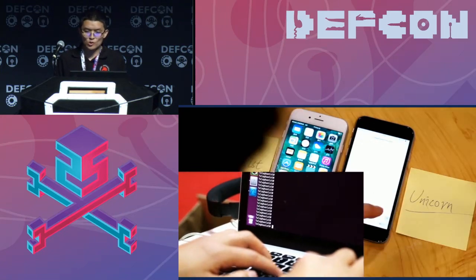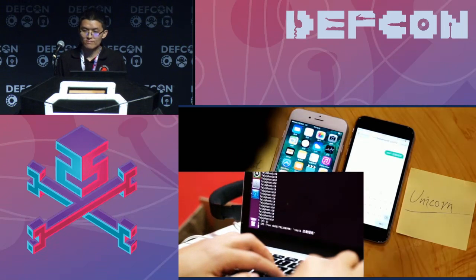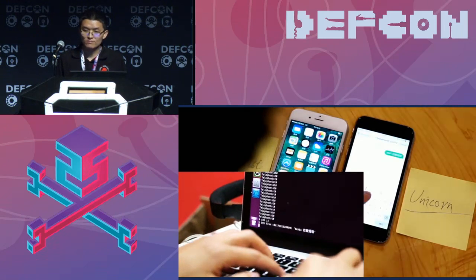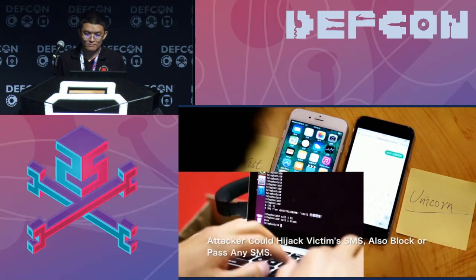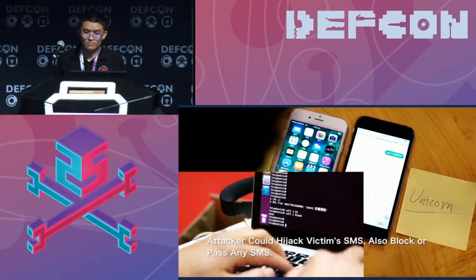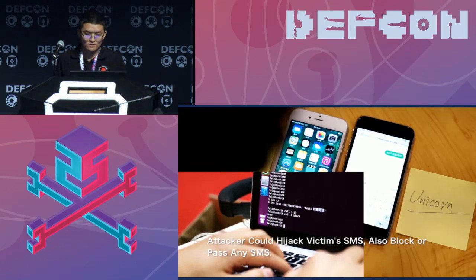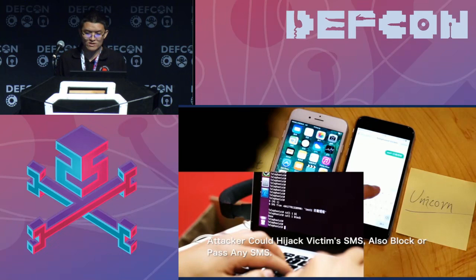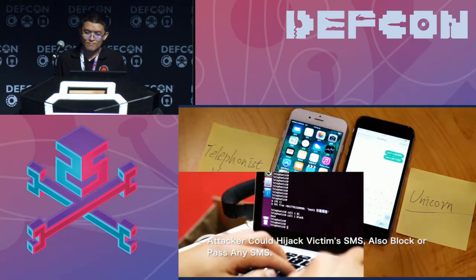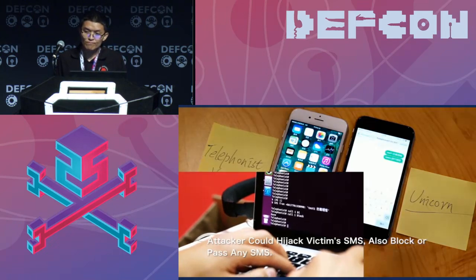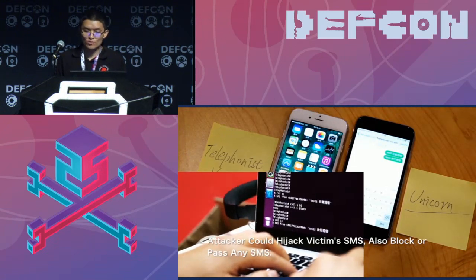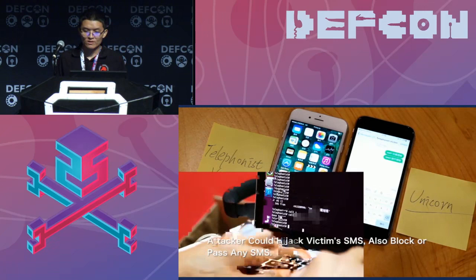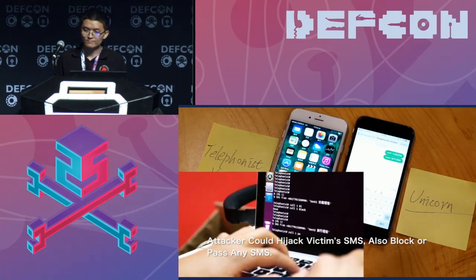Let's go on to attack short messaging. So we can successfully hijack short messages, and furthermore, we can choose which short message the victim can receive.